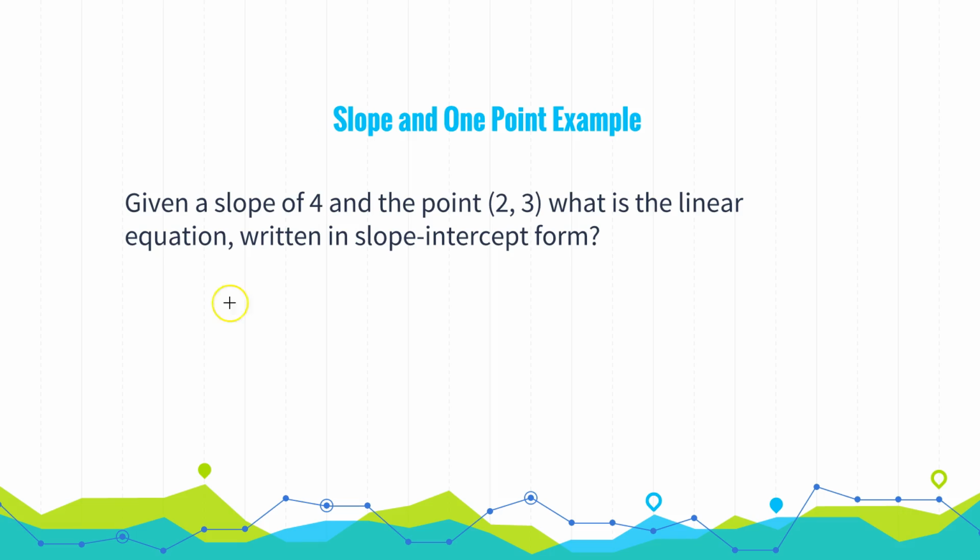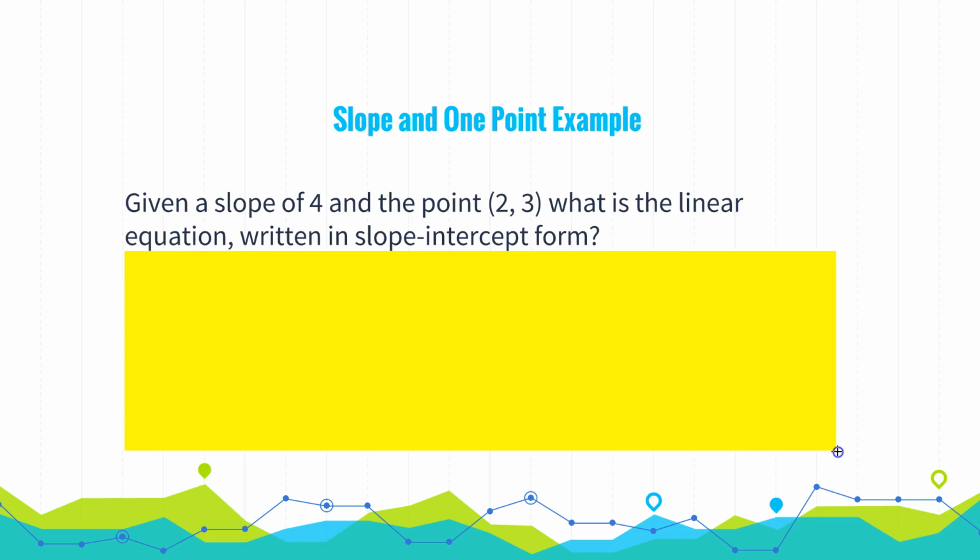So let's create the equation using the formula I just gave to you. So we have y minus y1 equals m times x minus x1. So let's plug in what we know. Right now we know that our slope, m, is 4.